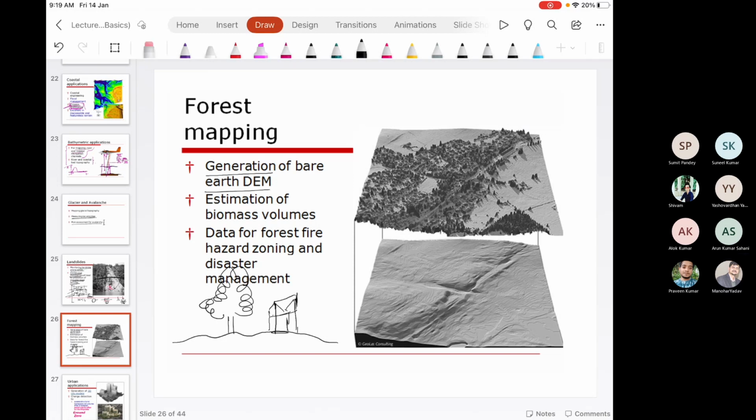As I discussed before, for generation of DEM you need to perform ground filtering. Let's say these are the points whose coordinates are computed while laser scanning.